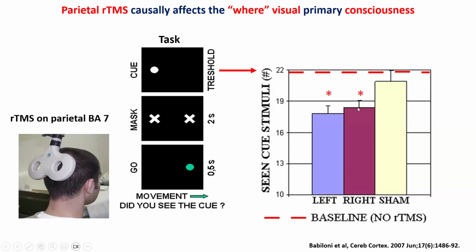And you see that there was a small but statistically significant reduction of cue stimuli perceived consciously after the interference with transcranial magnetic stimulation, showing that this area plays an effective role in the primary consciousness of the visual spatial features of visual stimuli.